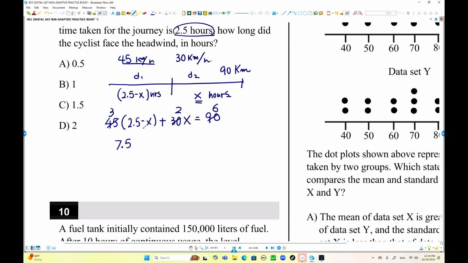So 7.5 minus 3x plus 2x equals 6. Negative x equals negative 1.5, right? Move to the right, it's negative 7.5. So x equals 1.5 hours, okay? They traveled 1.5 hours. That choice is the answer, okay?